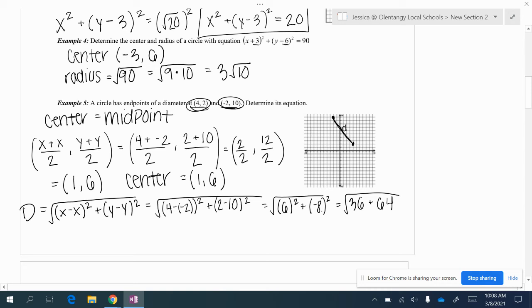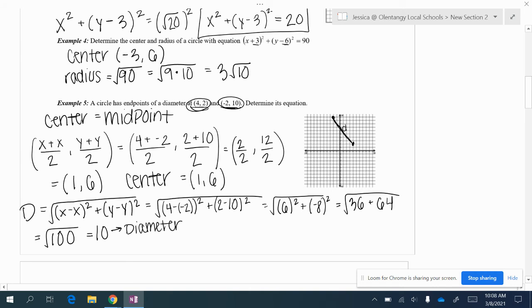Remember, when you're squaring a negative, to put that into parentheses. You know that a negative squared will always be a positive. And then 36 plus 64 is 100. And the square root of 100 is 10. And now I told you that is our diameter.